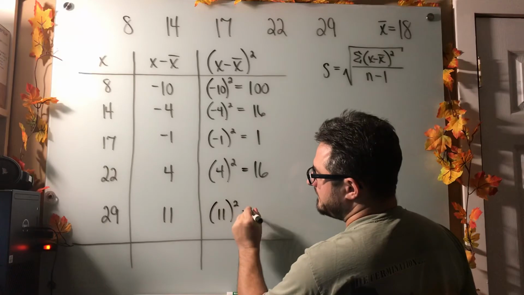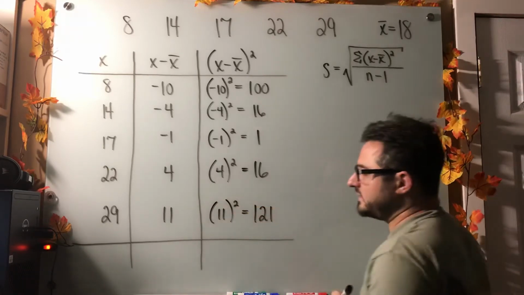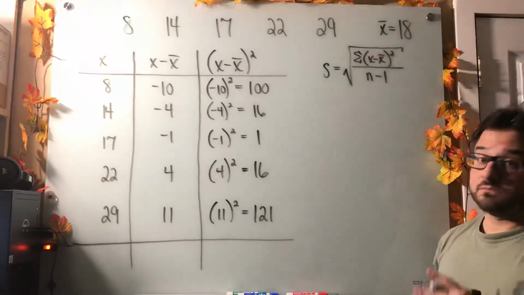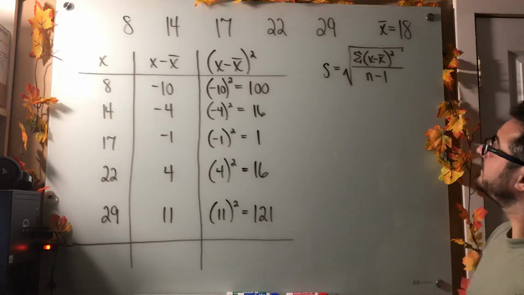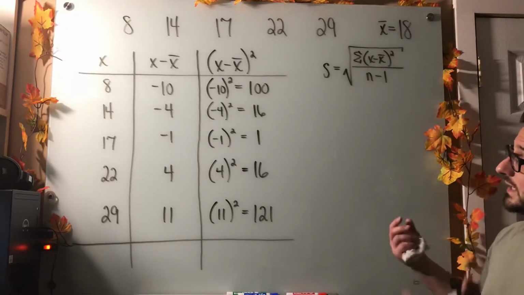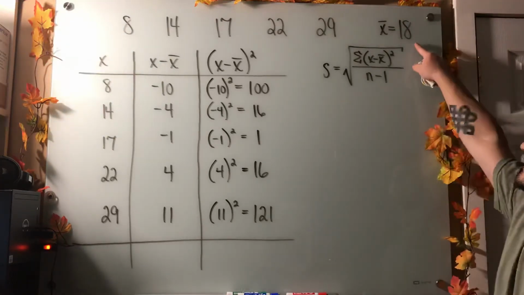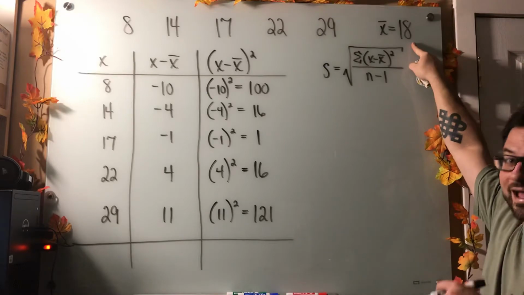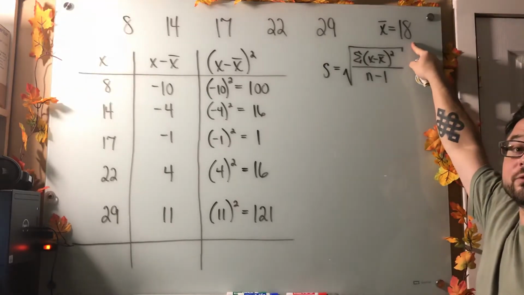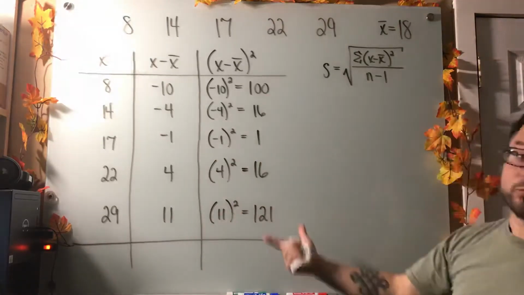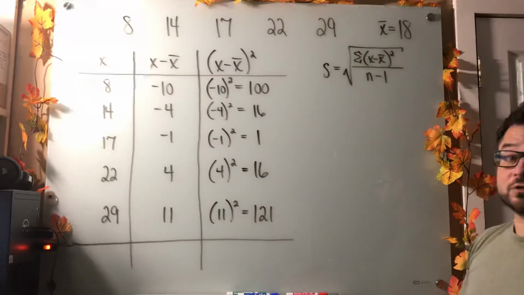And lastly, we square the deviation of 11. So, we're going to use a calculator here, definitely. The bigger this gets, the uglier the numbers can be, certainly. We're lucky here, and again, I designed this data set to have a whole number for the mean, just to give us some friendlier deviations and therefore some other friendlier numbers to work with.